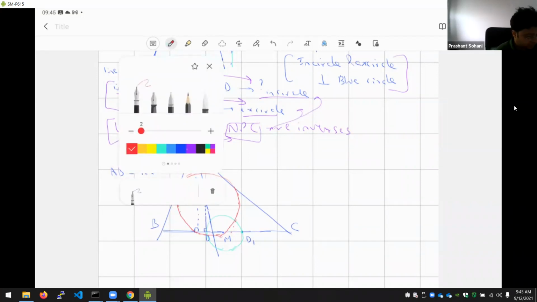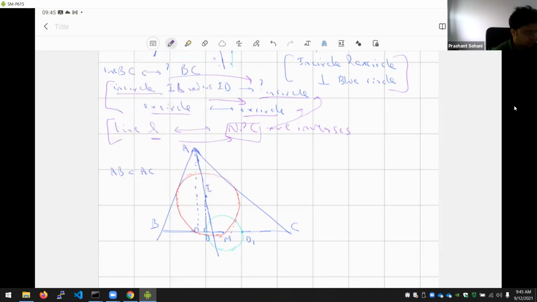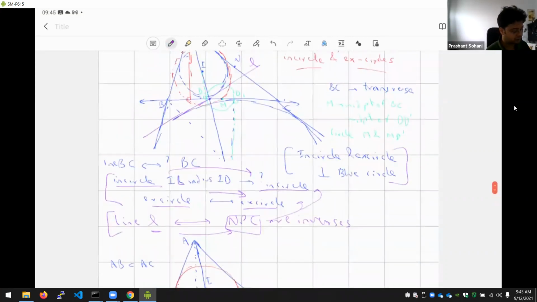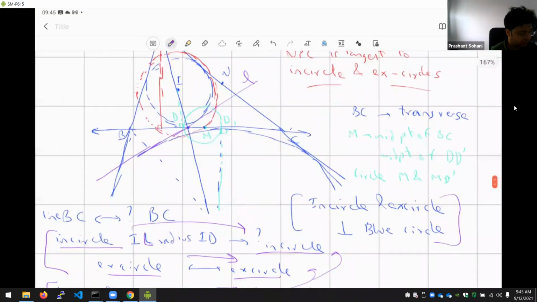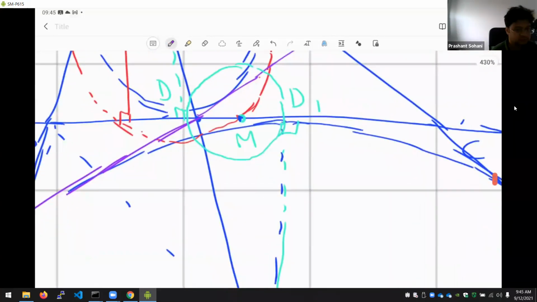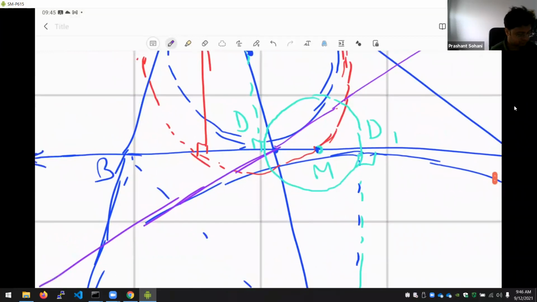So another important thing to be added is that purple line. Going back to the original diagram, here we described that purple line as the other common tangent. Is there another way of describing the same line which is easier to draw or construct? If I zoom in, the line BC is already one tangent.